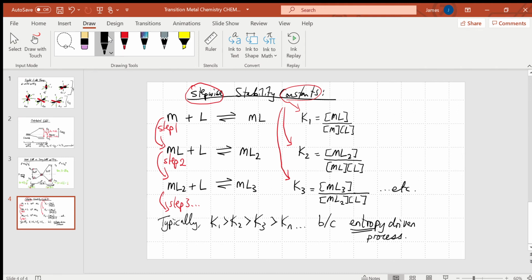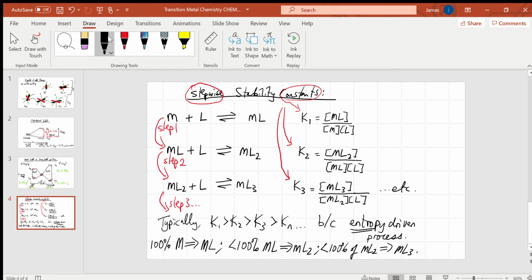So let me see if I can see here. We have 100% M can produce ML, but then we have less than 100% ML can produce ML2, and then we have less than 100% of ML2 can go on to produce ML3.